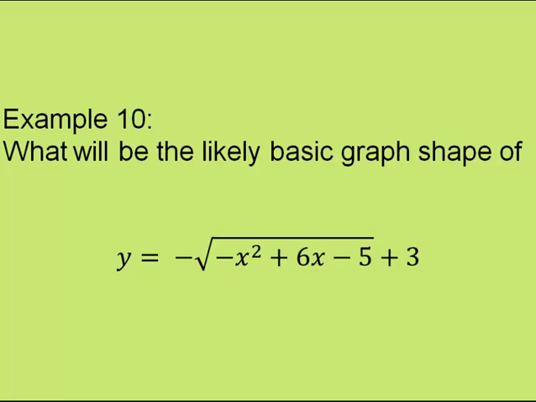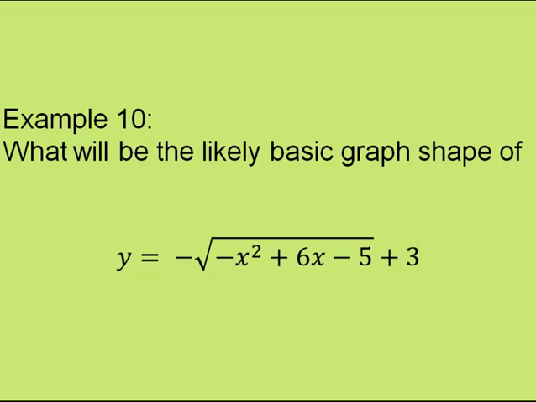Here's an example. What will be the likely basic graph shape of this function here? You notice the essential part of this is y equals the square root of a quadratic expression in x. That plus 3 will translate it up 3 units, but just ignore that for now and account for it when you make the conclusion.